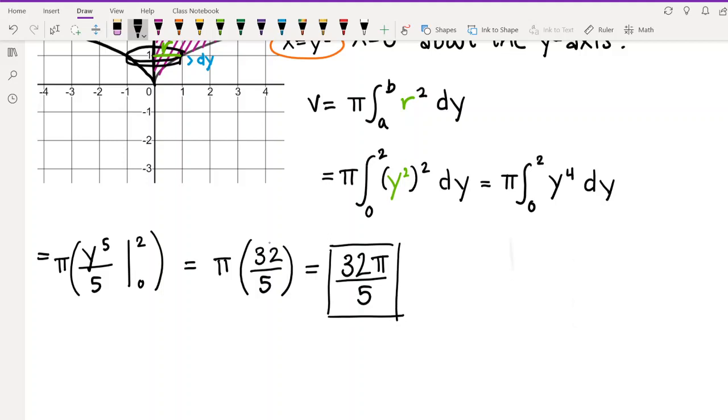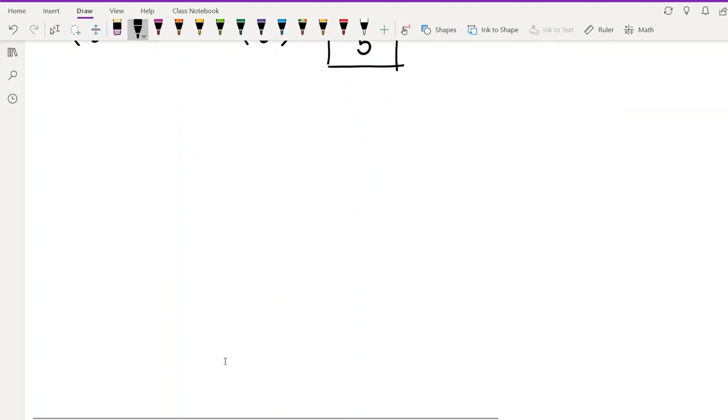Okay, so let me just write down this general fact so that if you're looking back at your notes, you have it similarly to what we did for x.